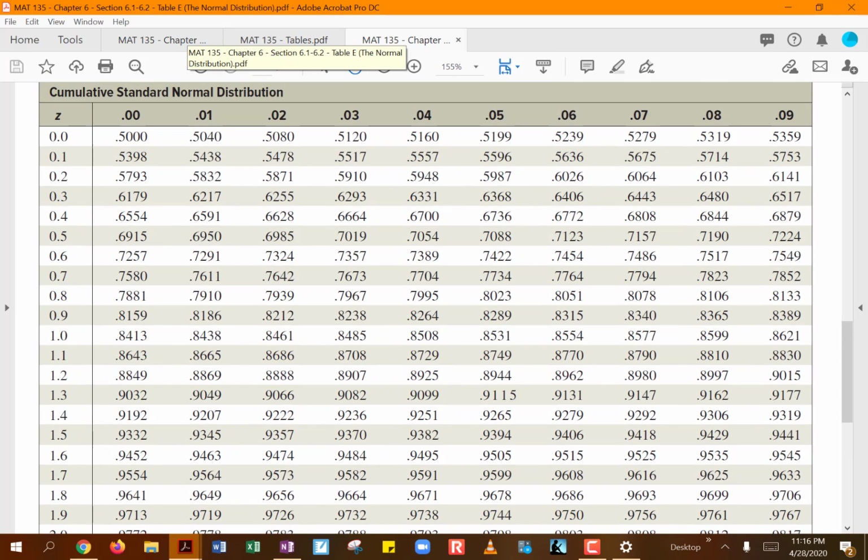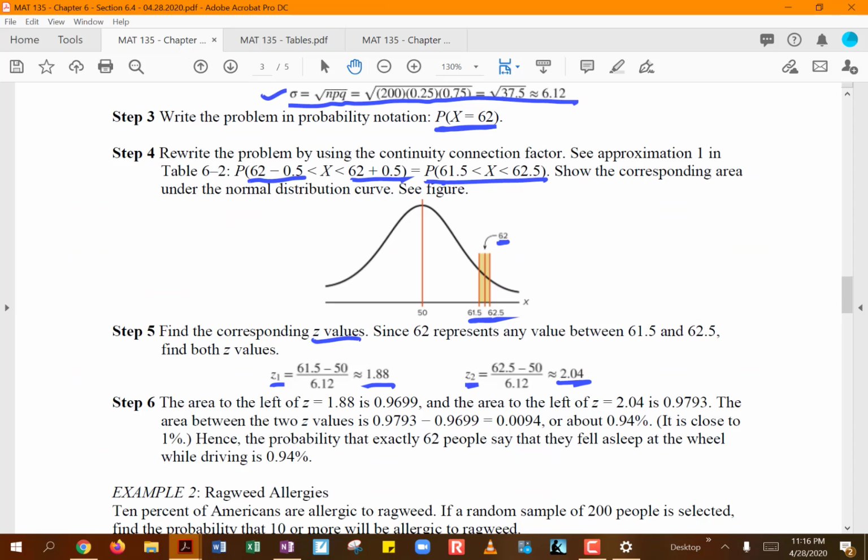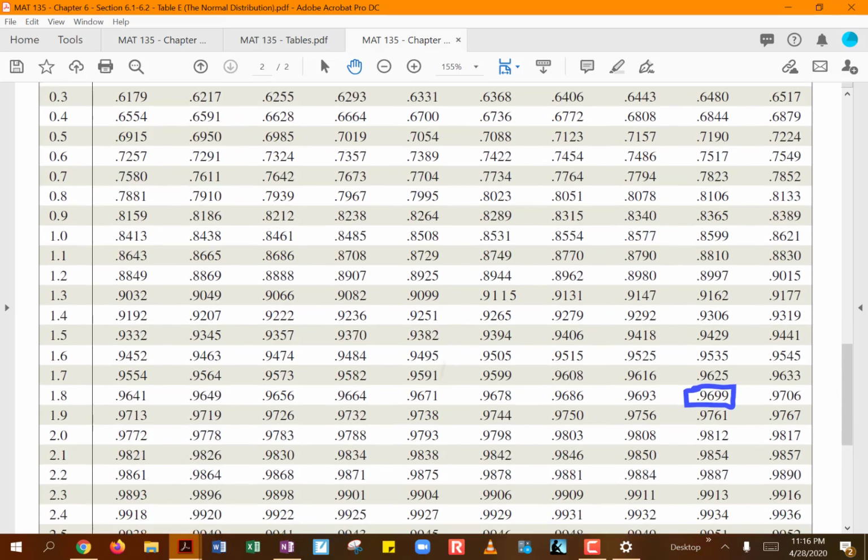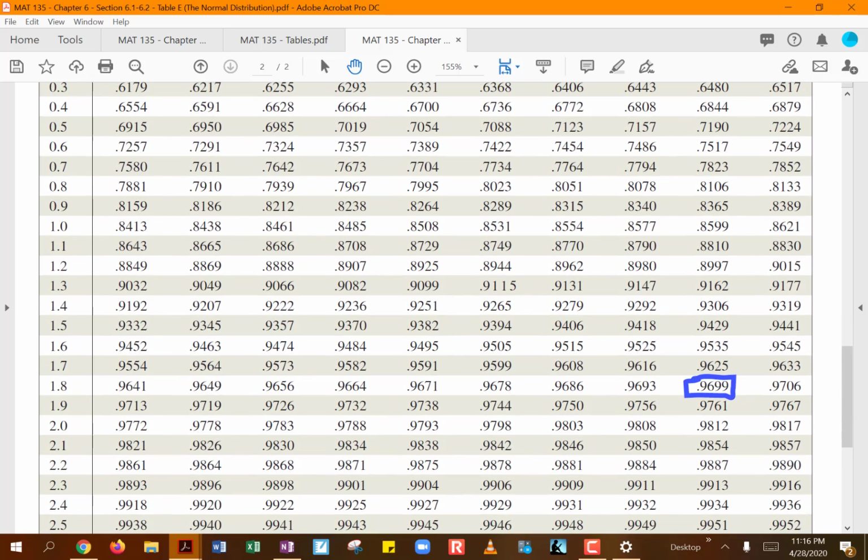So that is going to be 0.9699, and you can verify that right here. And then for 2.08, it's going to be at 0.9793. And there you go. Okay, so that's how you come up with those.